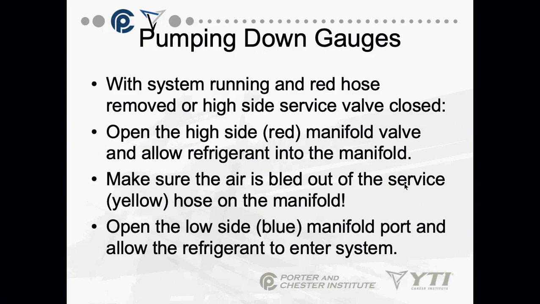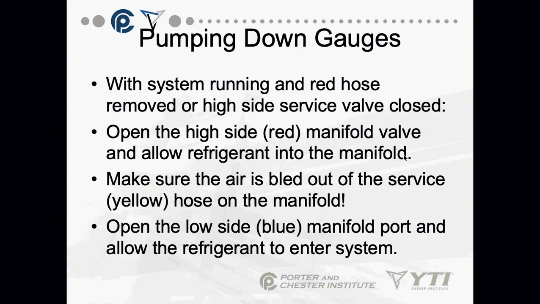So we bleed a little bit of air out of that yellow hose. Again, we're going to have to demonstrate this to you, but I want you to have the basics. Once we know we don't have any air left in that yellow hose, we can open the low side, and we allow the refrigerant to suck into the low side of the system.